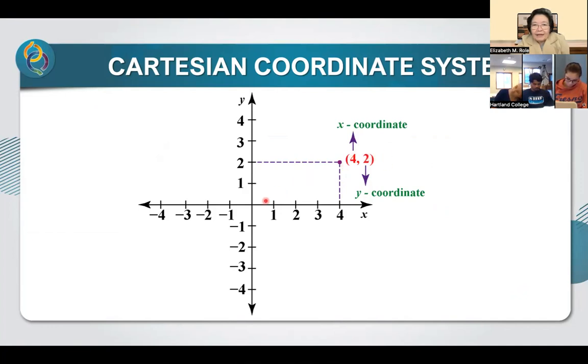It is the distance from the origin along the x-axis and from the origin along the y-axis. So our coordinates follow the pattern (x, y): x is the first number and y is the second number. If you move 4 along x and then go up 2, that point has coordinates (4, 2).